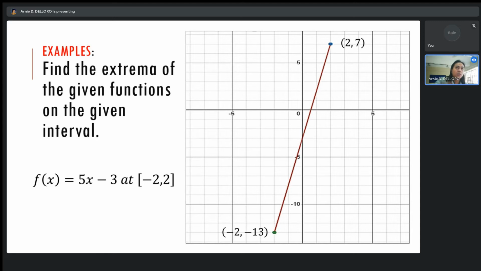Pag sinabi nating maximum, siya yung pinakamataas na peak ng graph. Okay? So in this case, or in this interval, the maximum is at positive 2.